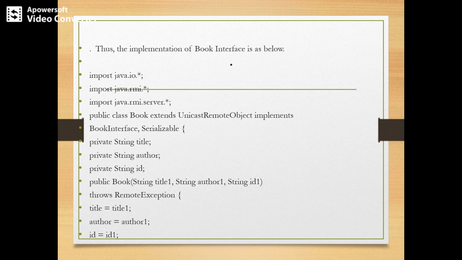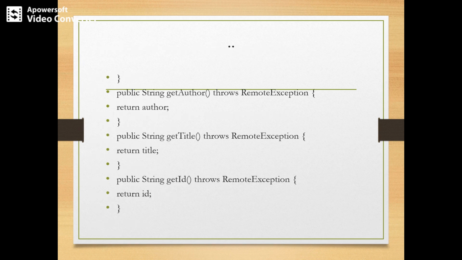That could be continued in the next slide. Similarly public String getAuthor throws RemoteException, return the author. Public String getTitle throws RemoteException, return title. Similarly public String getId throws RemoteException, return id.